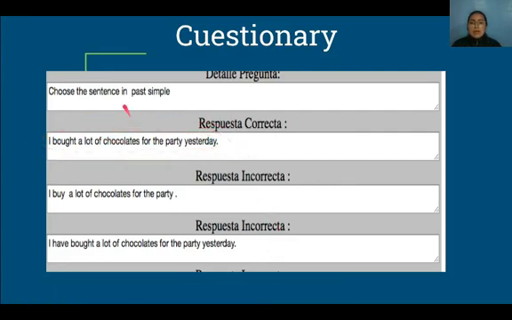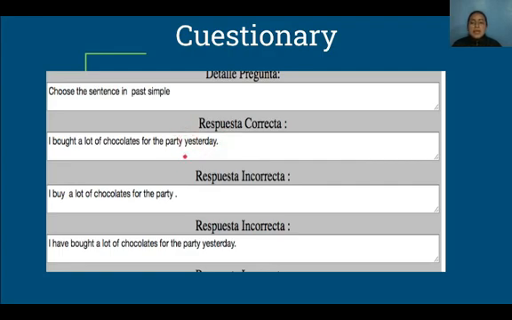Why? Because in past simple you have to change the verb only in past. In present, buy, comprar. In past, bought, compré. And this keyword, yesterday. Esta palabrita yesterday, last week, last year, last month, nos ayudan para saber que la oración está en past simple.